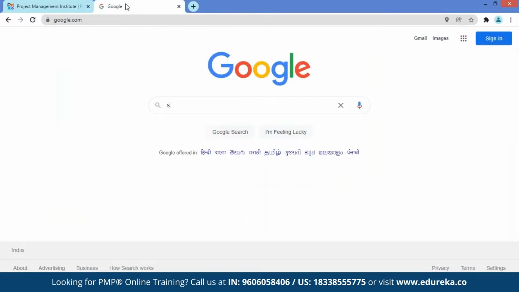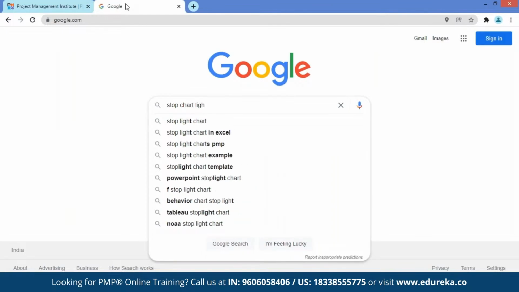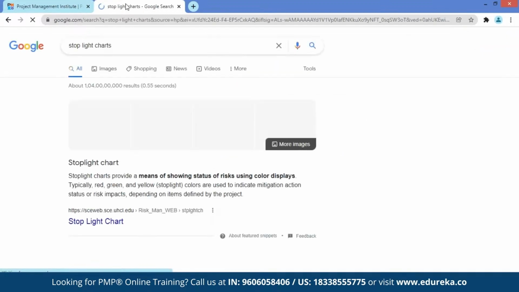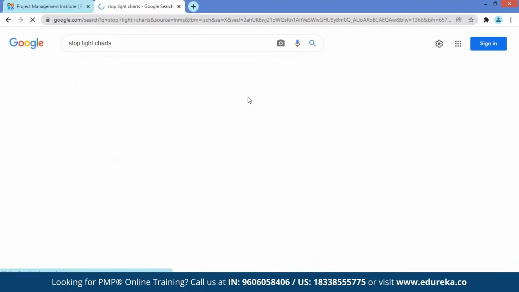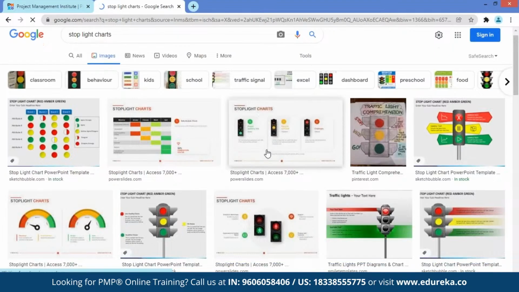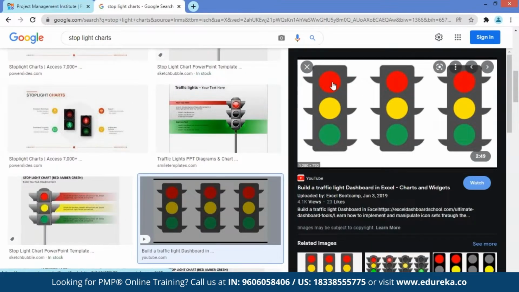And in the world of project management, we talk about something called stoplight charts. So what are stoplight charts? If you look into the status report of any project, the first thing you will look at is these three statuses. Is the overall health of the project red, amber, or green?